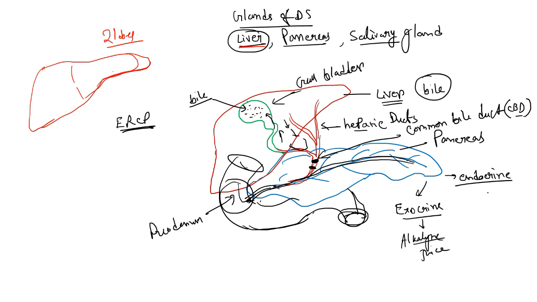And endocrine secretion means it secretes hormones like insulin and glucagon. Beta cells produce insulin, alpha cells produce glucagon. Islets of Langerhans is the name of the cells that produce these hormones. Okay.